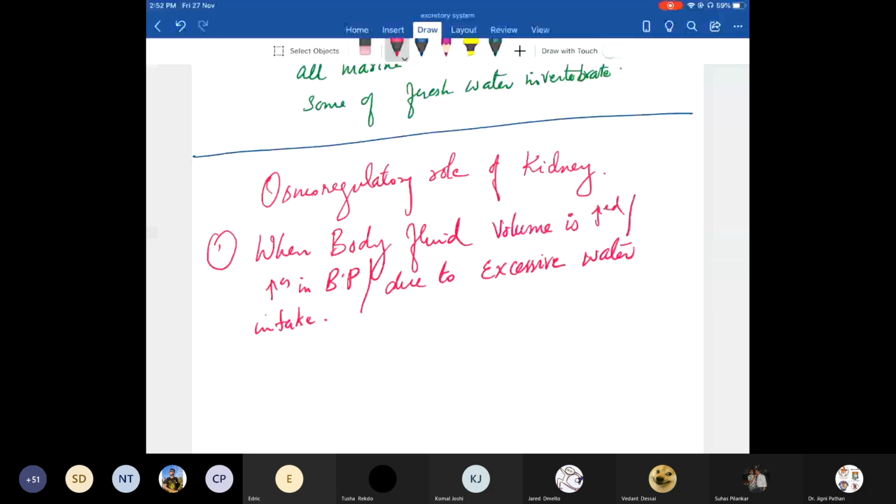Now, what should be the aim of the kidney? To produce hypertonic or hypotonic urine?